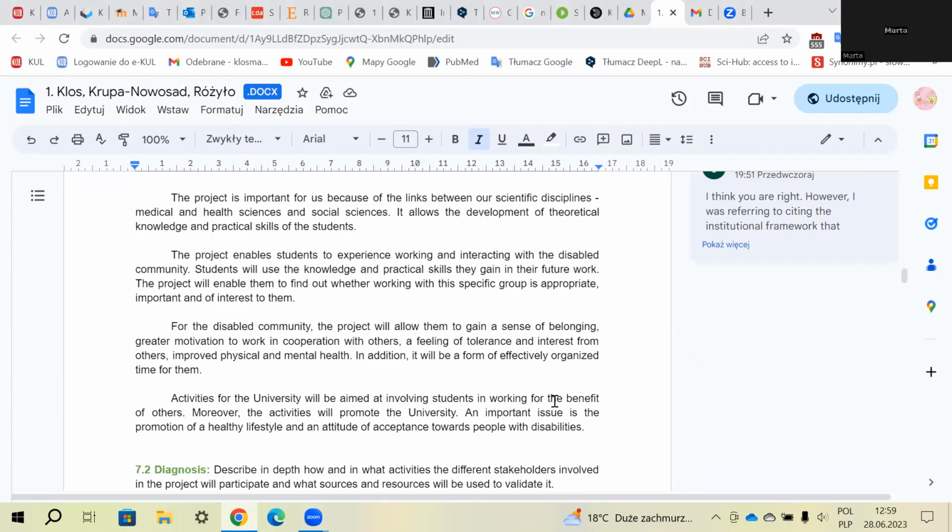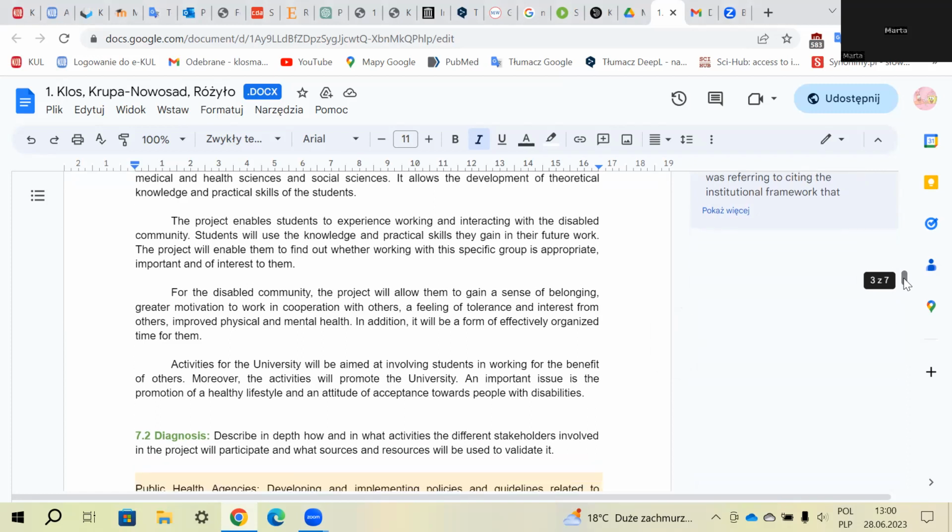This project is important for us because of the links between our scientific disciplines, medical and health sciences, and social sciences, because we work in this area. It allows the development of theoretical knowledge and practical skills of the students, because students after workshops will be working with disabled people.